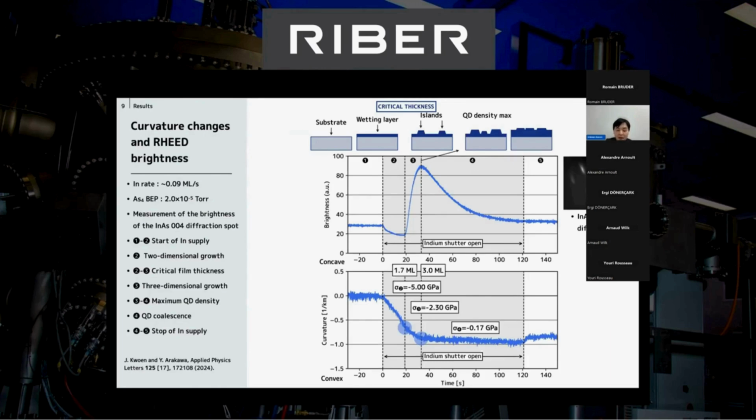As the supply of the indium begins, the formation of the initial two-dimensional wetting layer with a thickness of 1.7 monolayer causes the curvature to decrease sharply, from which a stress of minus 5.00 gigapascal can be deduced using the Stoney equations.